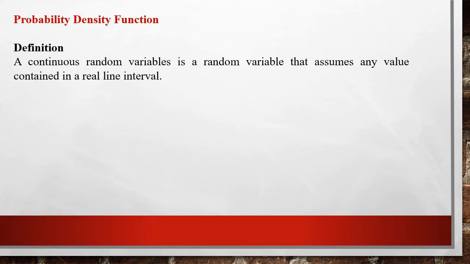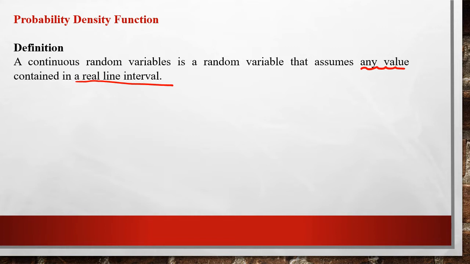So the definition, a continuous random variable is a random variable that assumes any value contained in a real line interval. So previously for discrete we only considered whole numbers like 0, 1, 2, 3 and so on.